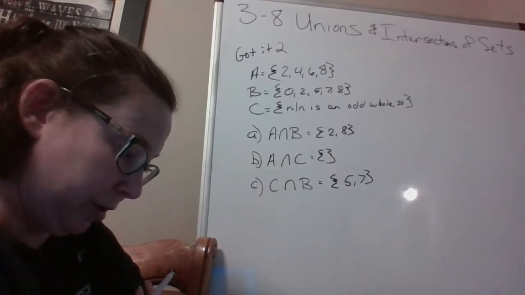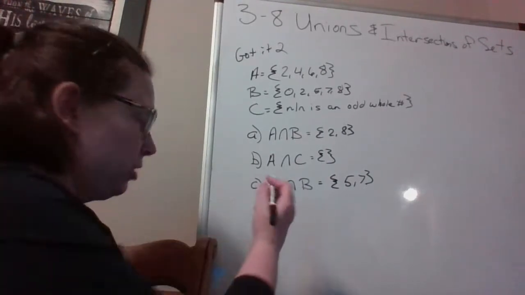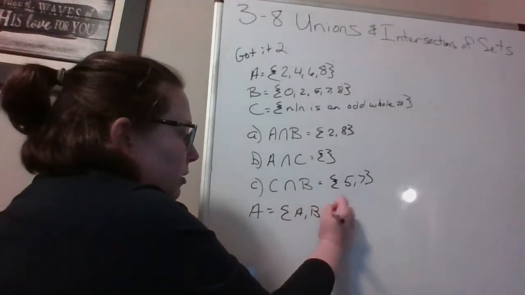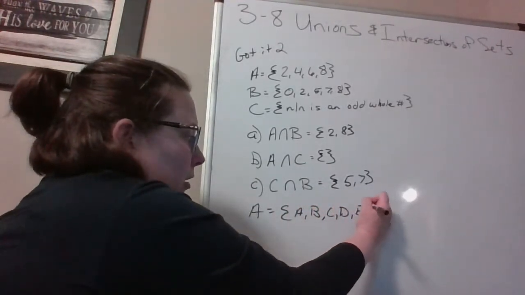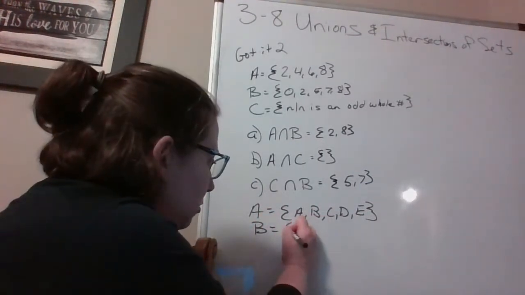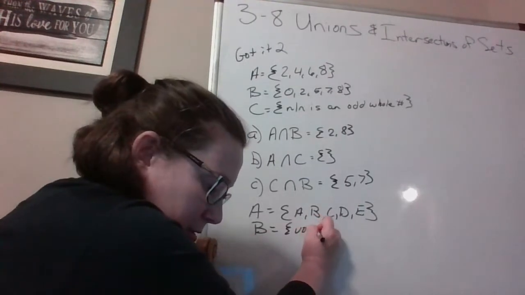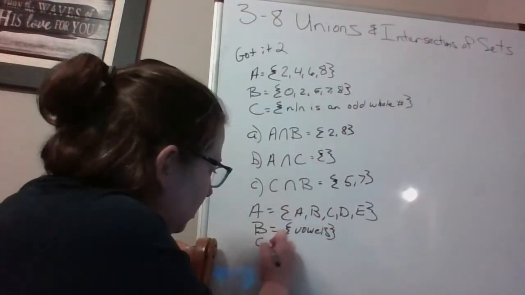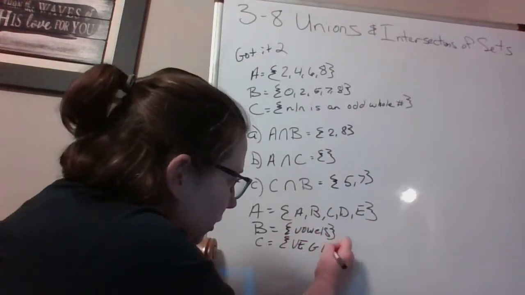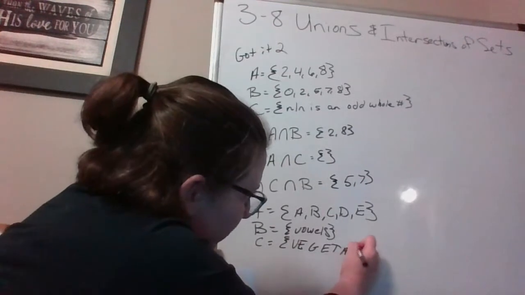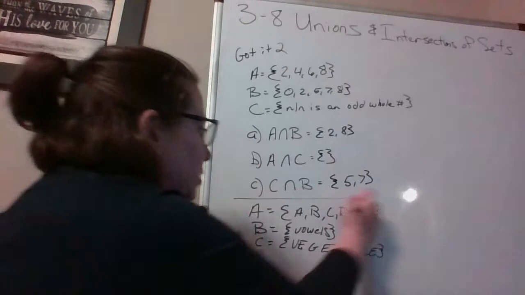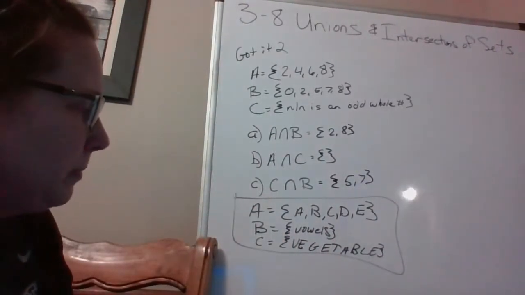Alright, so in Got It 3, our first set A is A, B, C, D, E. Set B is the vowels. And C is the word vegetable, randomly. So we're supposed to figure out where these 3 sets intersect.